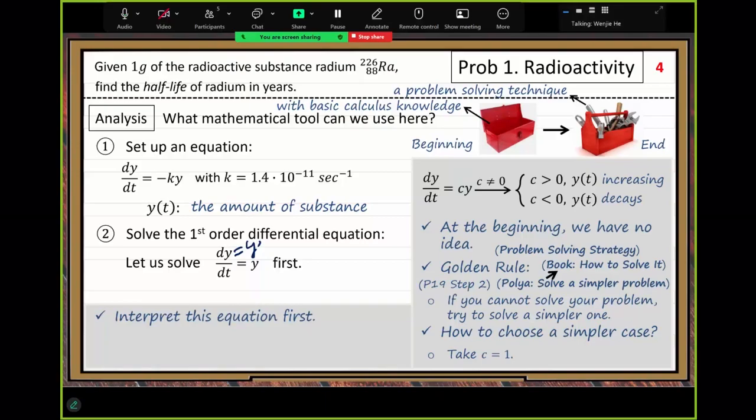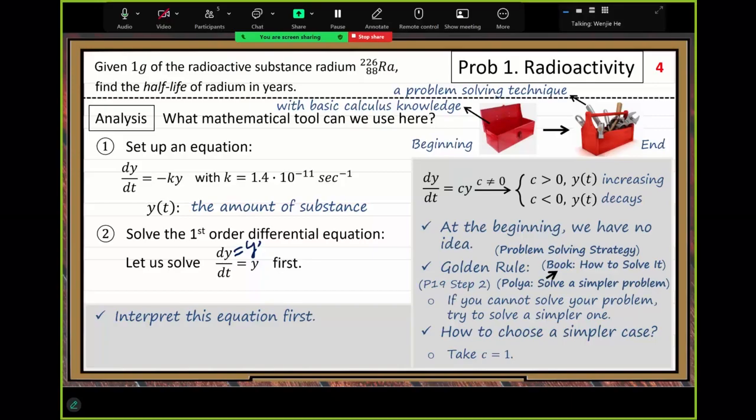But before we do the search, we need to interpret this equation first. Interpret: what's the meaning here? First, we need to understand this equation, then we do the search. To understand: given a function, we need to find a special function.